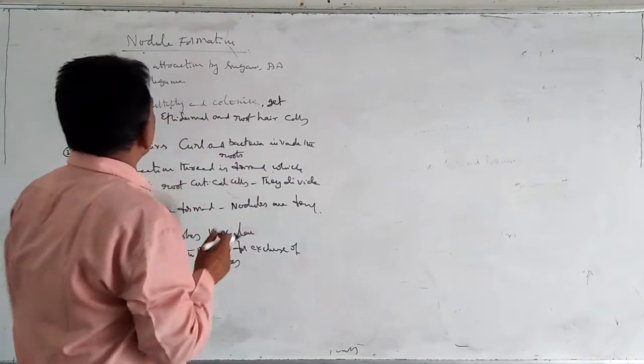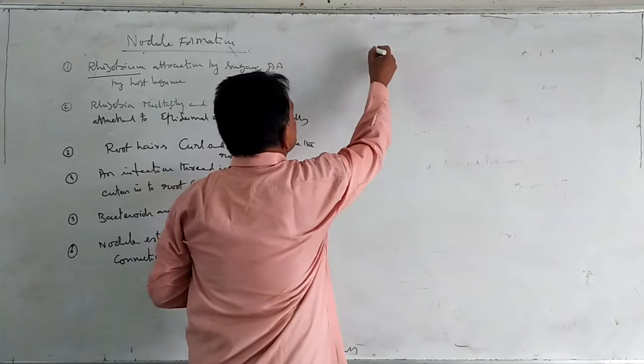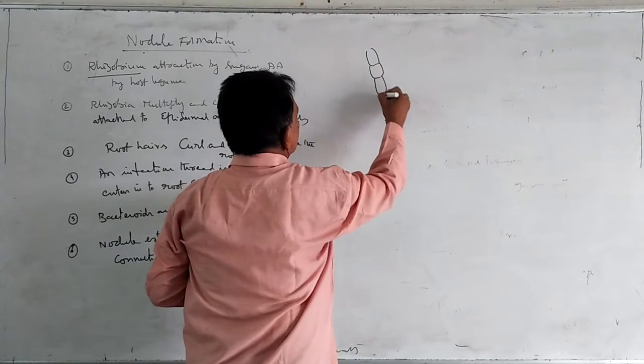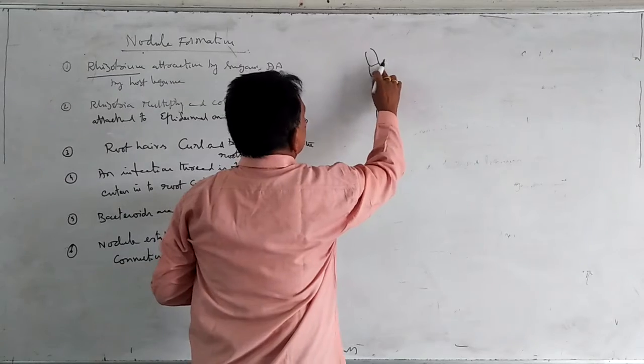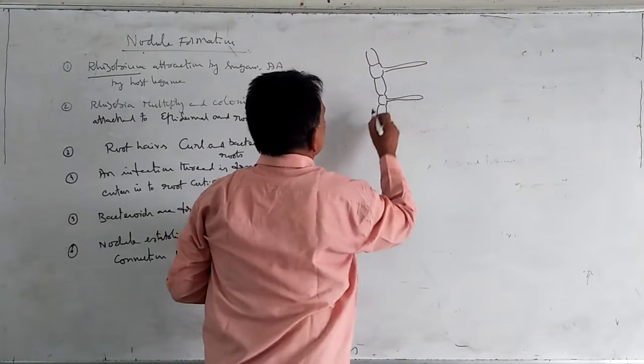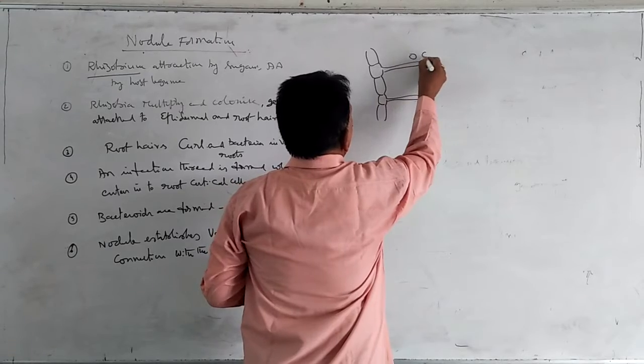soil. Here, you can see the root epidermis, and these are the root hairs.